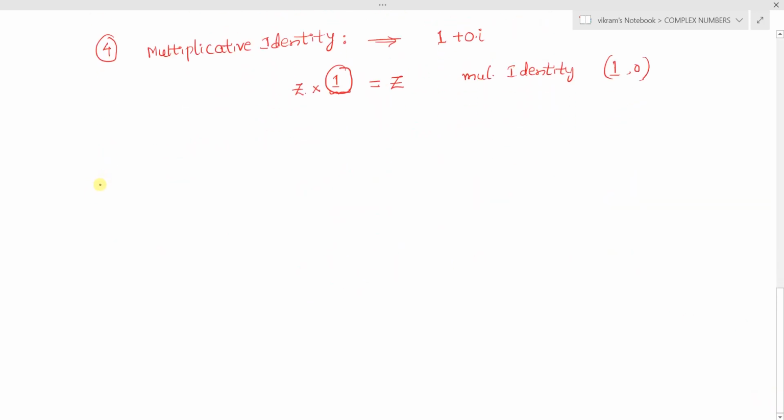Another important one is the multiplicative inverse. So what is the multiplicative inverse? I am considering z as a complex number. By multiplying which complex number will we get the result as 1?